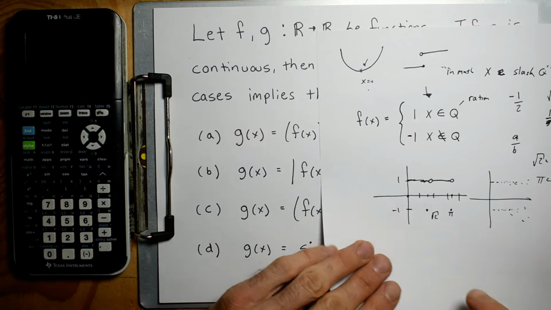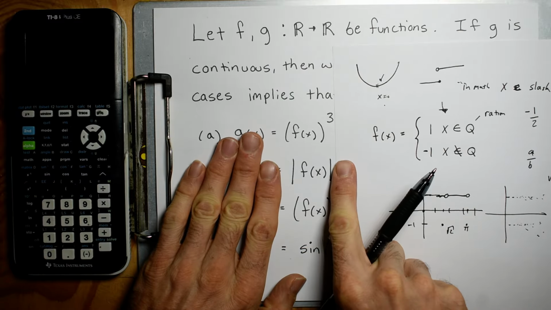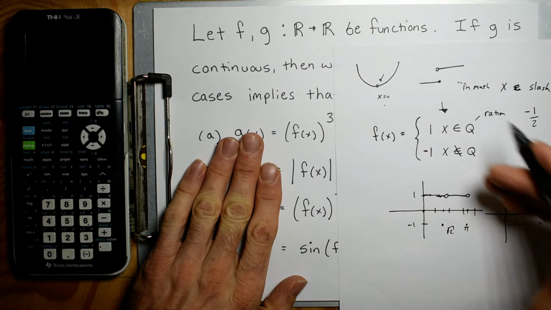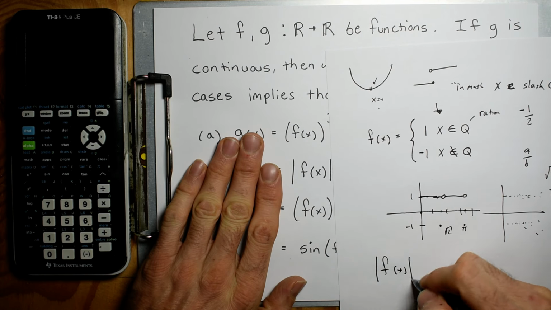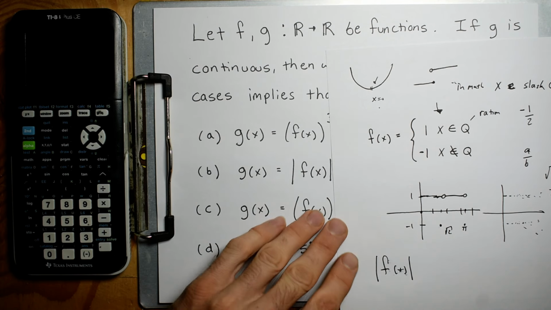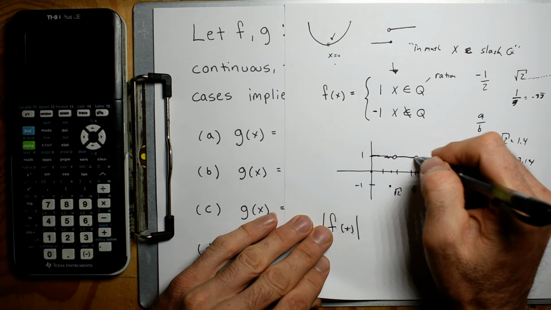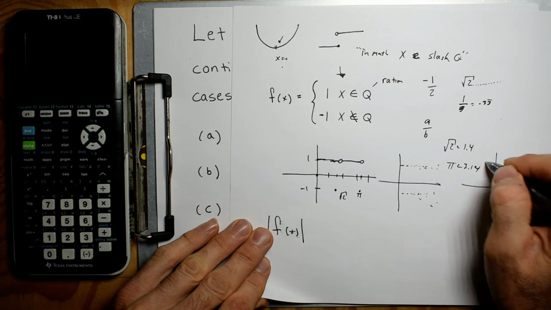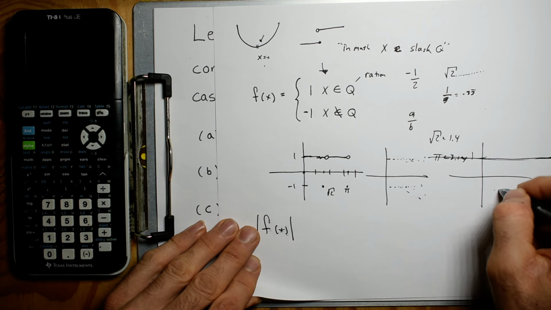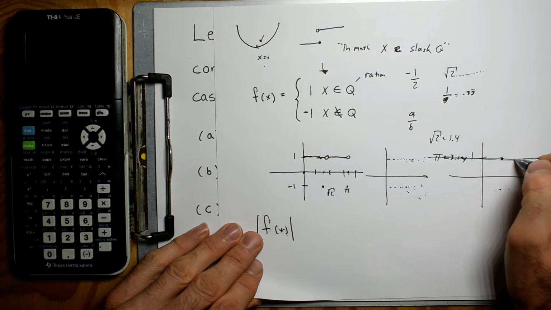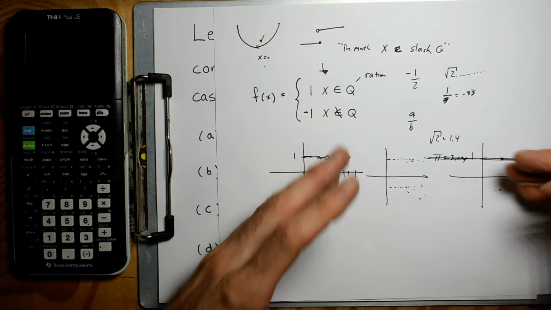But once we take the absolute value of this, because the outputs are going to be 1 and -1, the -1 becomes 1, and the entire line now sits at the value of 1. All of the irrational numbers pop up to here after you take the absolute value, and they form a continuous function. So that's kind of cool.